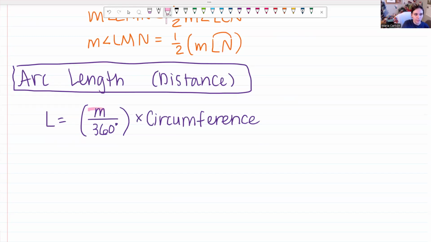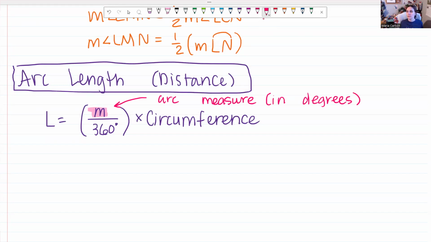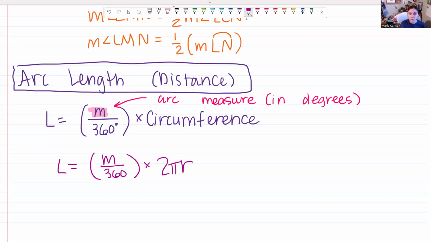So again, M here represents the arc measure in degrees. So you divide that by 360 to determine what's the fraction of the circle that is represented by this arc. And I'm going to multiply that times our circumference. So really another way of writing this is the arc length is that arc measure divided by 360 times 2 pi r, because that is the formula for circumference.